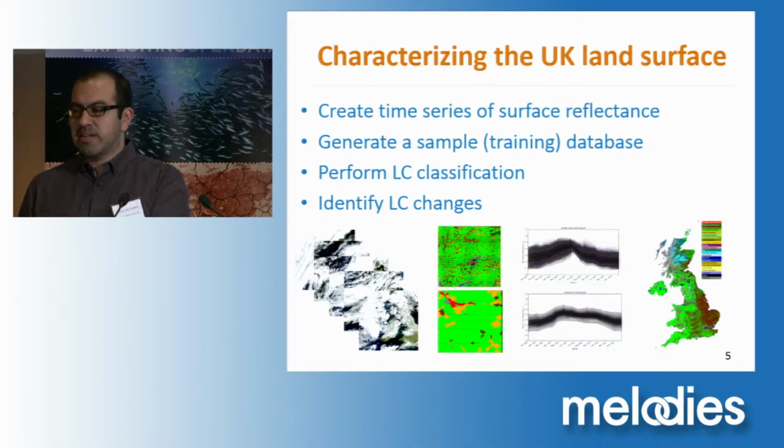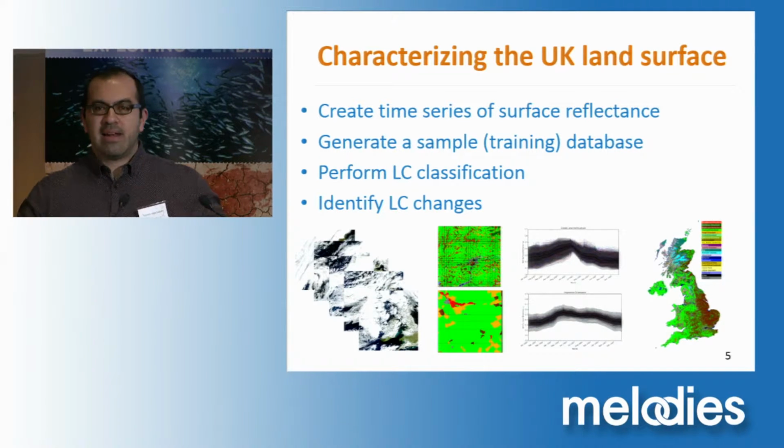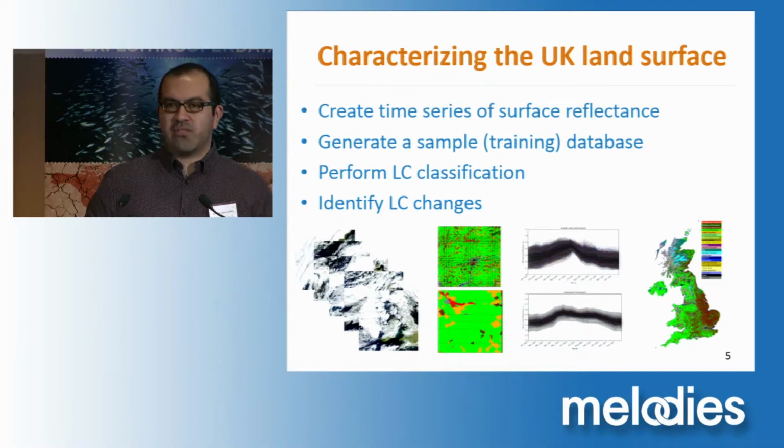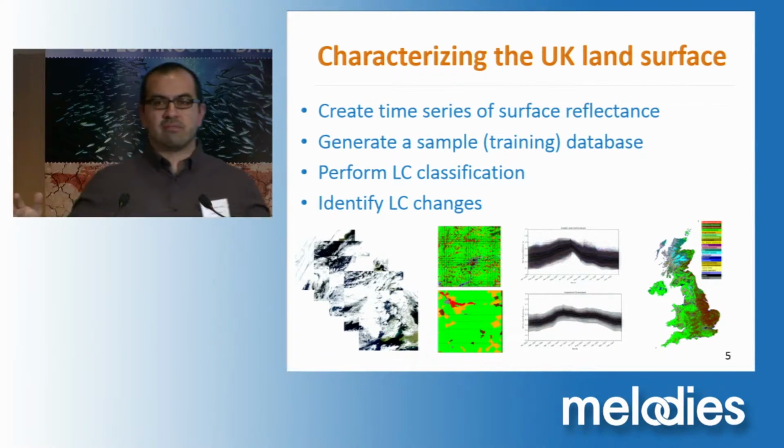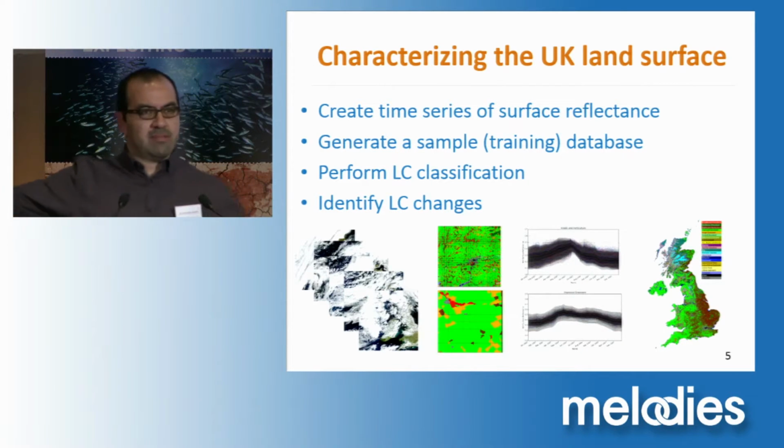But the basic idea actually is not to just create a land cover map. It's actually to characterize the land surface in the UK. It sounds quite simple, but it's quite a big challenge. Just think about it: you have satellite data, and from there you need to see what's happening over time.